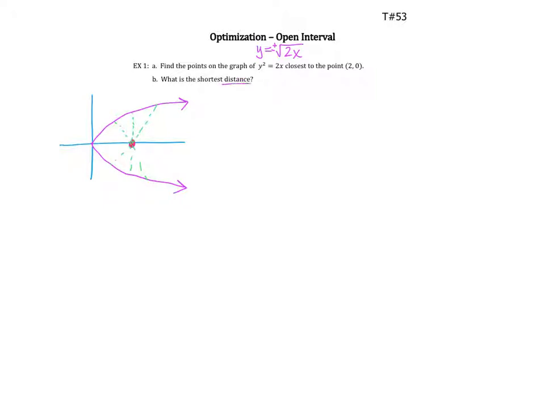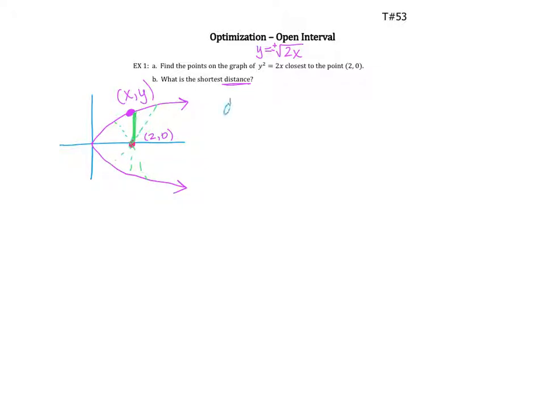Well, I'm trying to minimize the distance. So if this is the point (2, 0), and I'm looking for a point on the curve (x, y), I'm trying to minimize this distance right here.